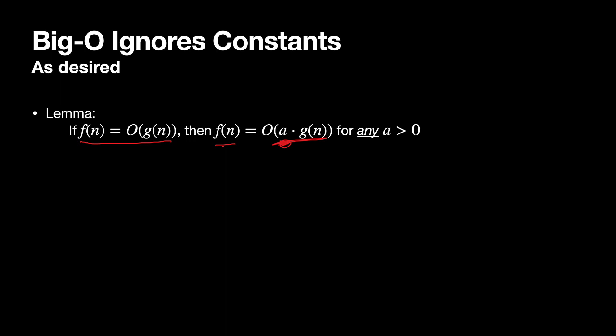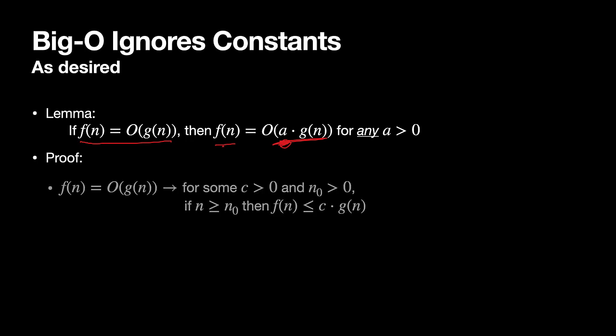Okay, to demonstrate this, we're going to use our definition of the big O notation. The big O notation already includes some constant c that can be multiplied by our function for all values greater than our starting point.